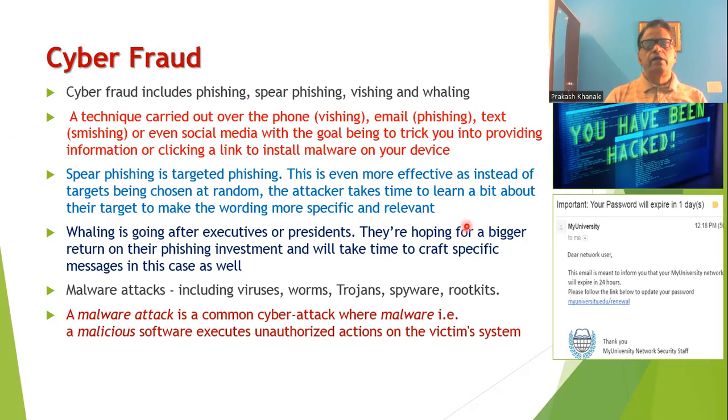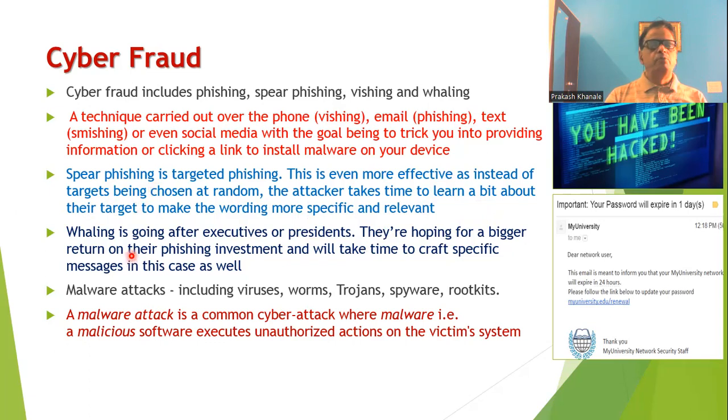The attacker will take the time to learn a bit about you and then send you a specific, more relevant message, so that you feel it is authentic, and that they know so much of my information and therefore it must be authentic. Whenever you respond to such messages, that is called spear phishing.